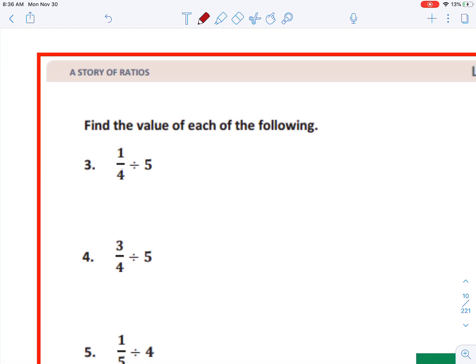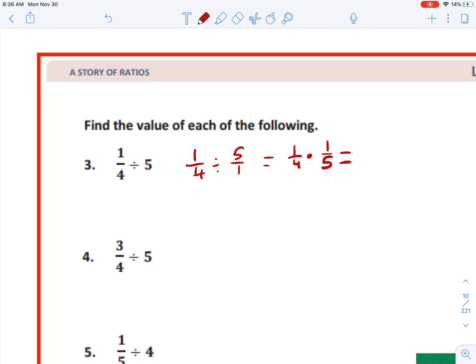So it says find the value of each. 1/4 divided by 5. This turns into 1/4 divided by 5 over 1, which will equal 1/4 times 1/5.